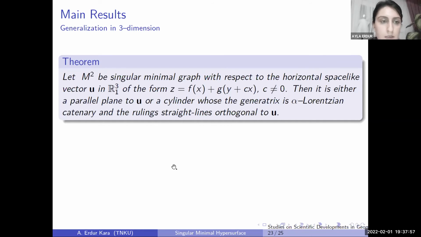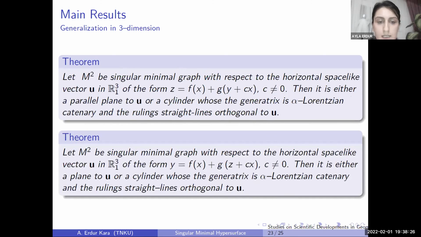As a result, if it is a singular minimal graph with respect to a horizontal spacelike vector Y of the form f, then it is either a plane parallel to Y or a cylinder whose generatrix is an alpha-Lorentzian catenary and whose rulings are straight lines orthogonal to Y.